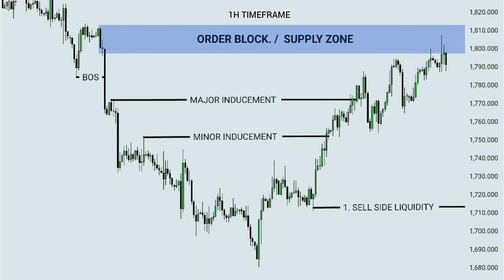The first objective, sell-side liquidity target 1, is the nearest internal low. This level contains short-term liquidity and is often where partial reactions or temporary pauses occur. Price commonly delivers into this area first because it offers the easiest and most immediate source of liquidity. Many professional traders use this level for partial risk management rather than expecting a full reversal.